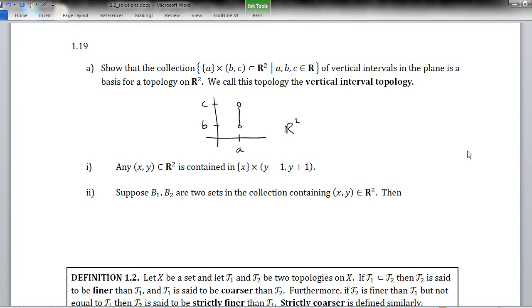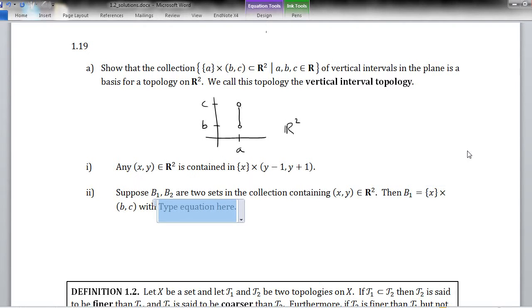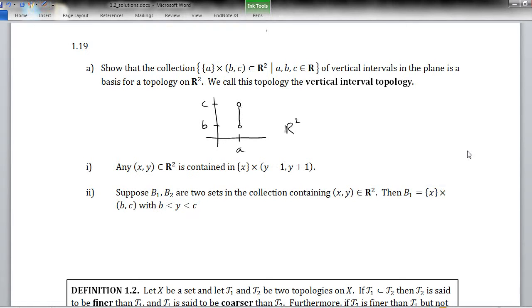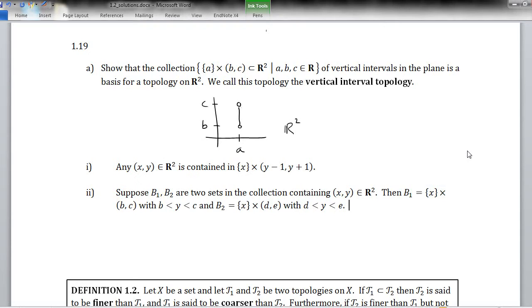Well, B1, if it contains xy, must be x times some interval from, let's say, B to C, and that interval has to contain y, so we have B less than y less than C. And similarly, B2 is going to equal x times, how about D to E, with D less than y less than E. All right, and I should probably say for some B, C, D, and E in the real numbers.